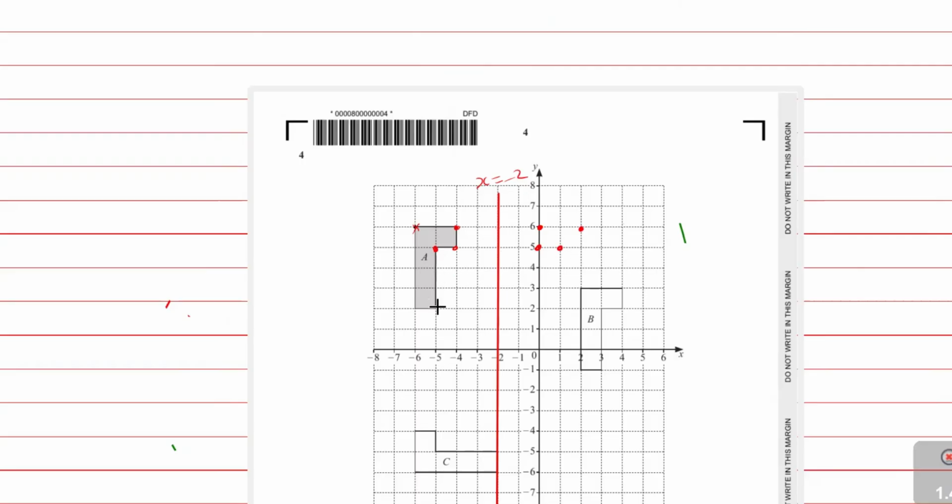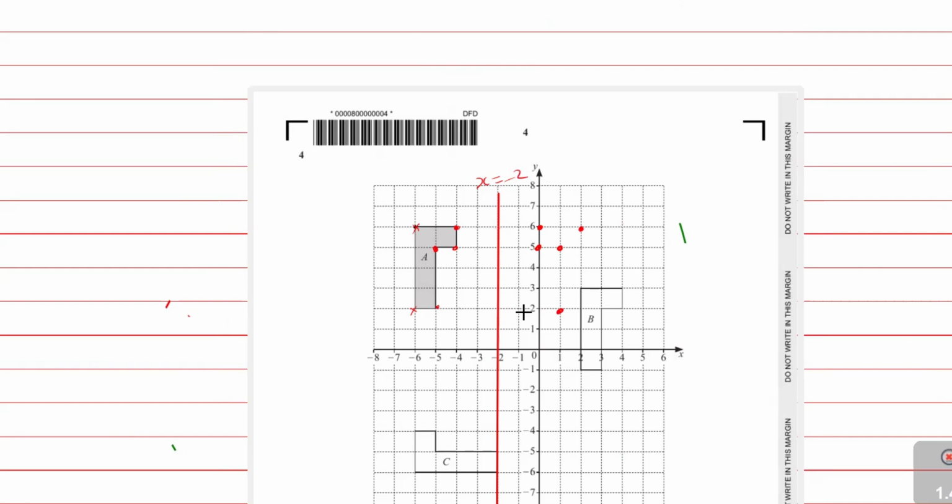And next corner point, this is 1, 2, 3, 3 units on left side. We take 3 units on right side. We take the image point 3 units on right side. And the last corner point of shape A is 1, 2, 3, 4 units.